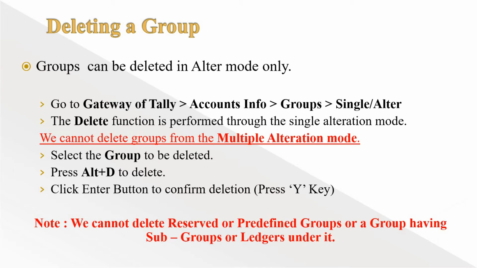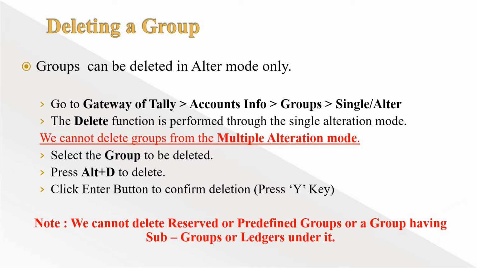Suppose any ledger is allocated to that particular group, in that case also we cannot delete. We have to delete the lower level first, that is, first delete the ledger, then only can we go for deleting the user defined group, not the predefined or built-in or reserved group.